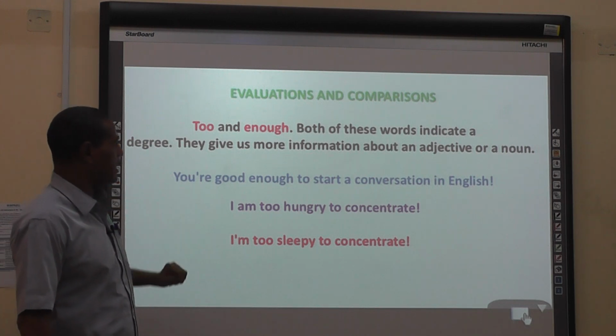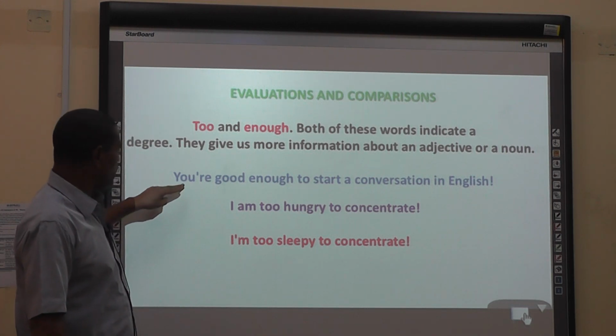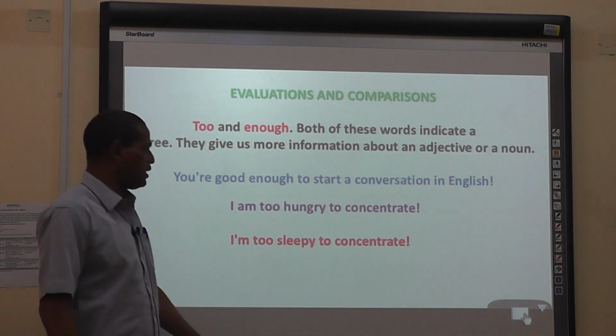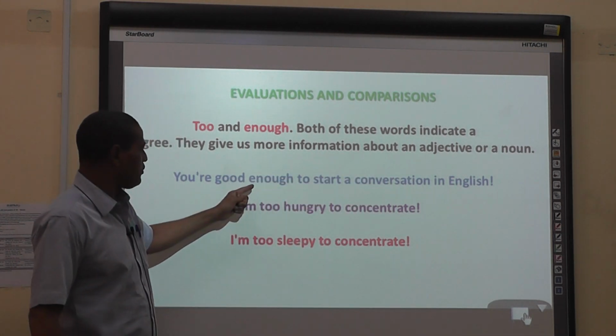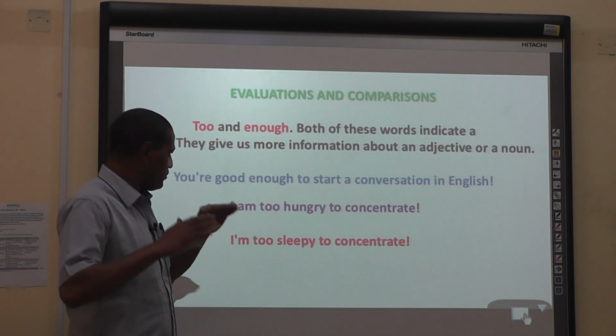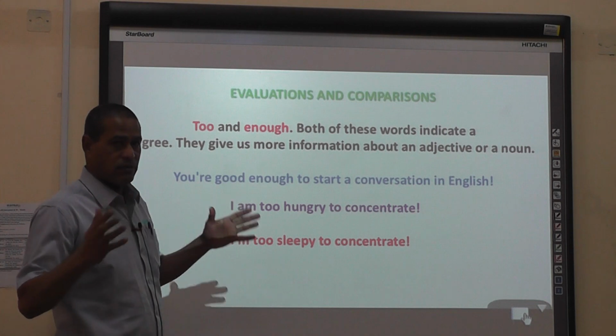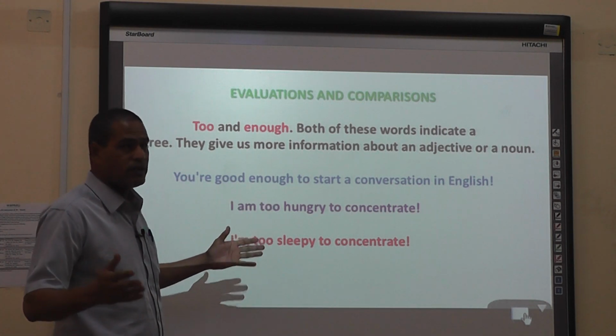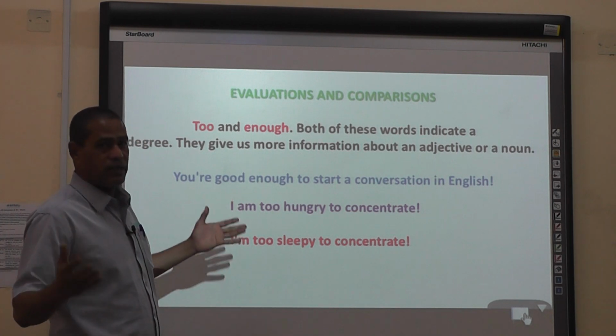So if you look at this example, "You are good enough to start a conversation in English." Here, "enough" means that your English is good and you are fluent. So don't hesitate.